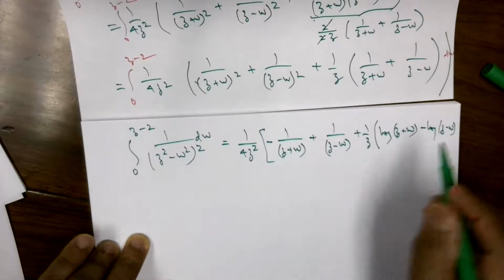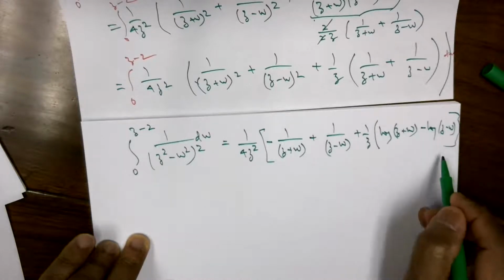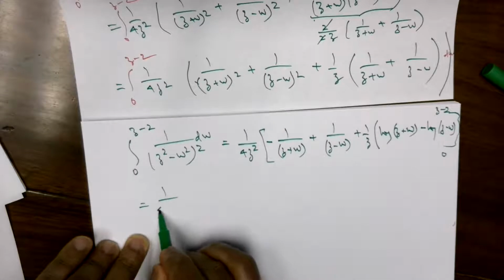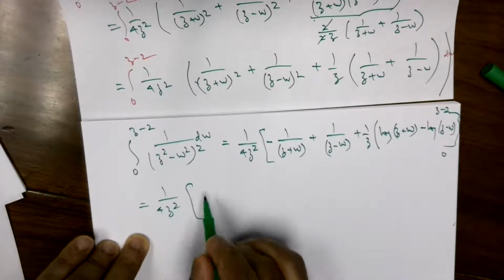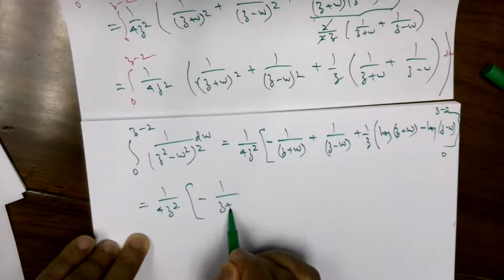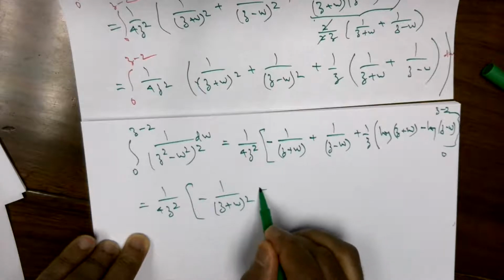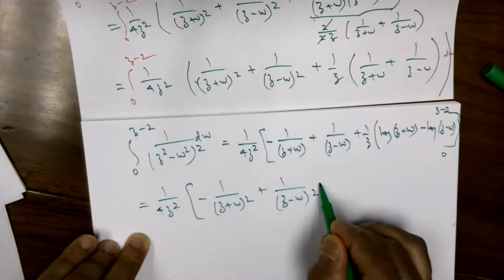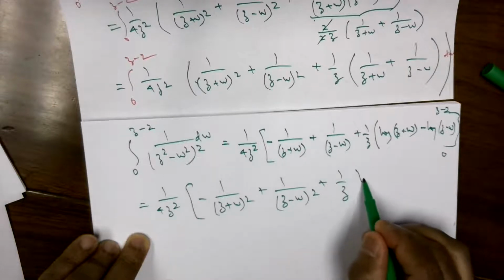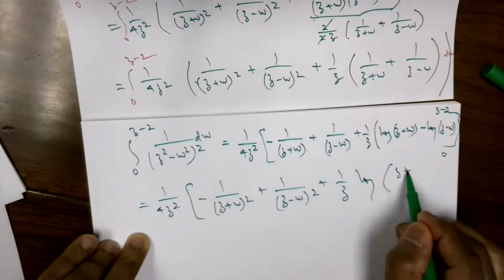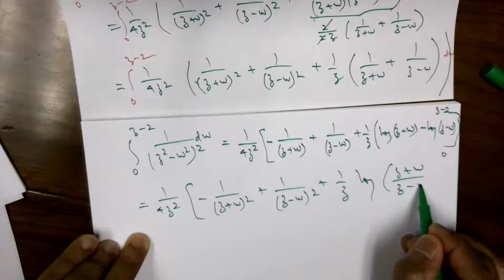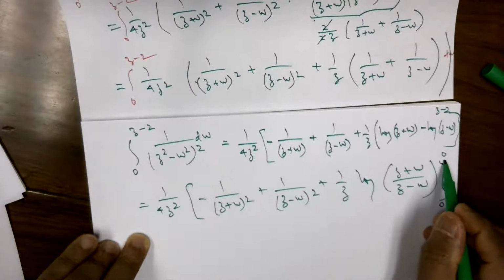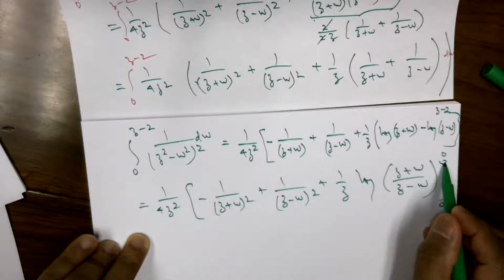And this I can, before I substitute the limits, let me rewrite this as 1 over 4c squared log of (z plus w) over (z minus w), because of the minus sign here, from 0 to z minus 2.